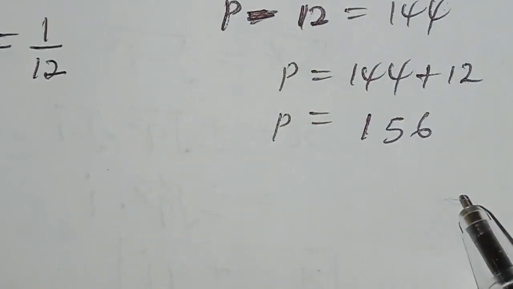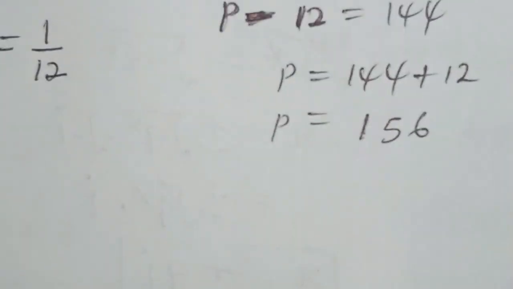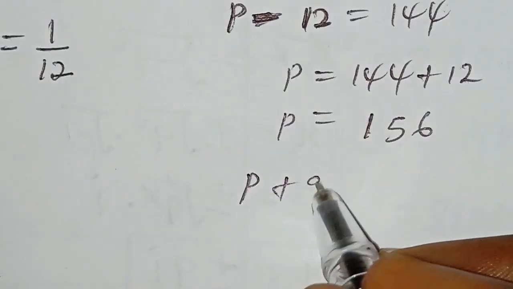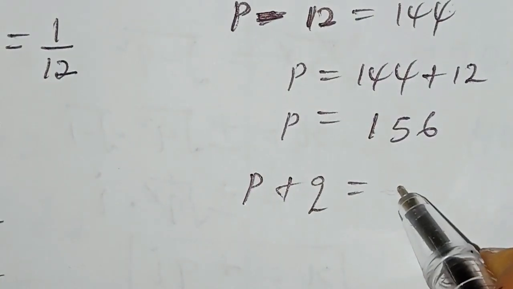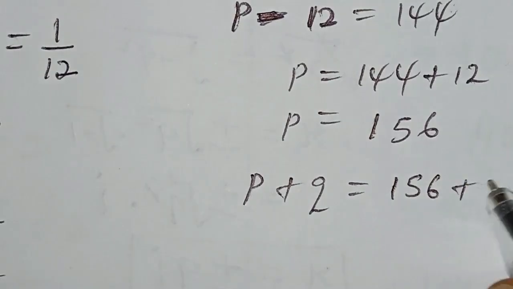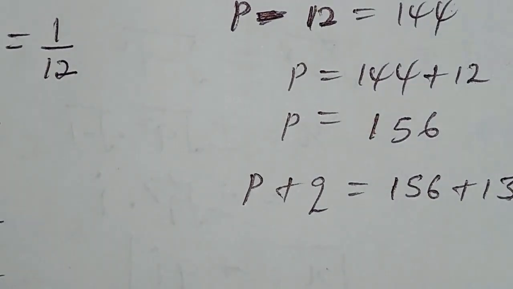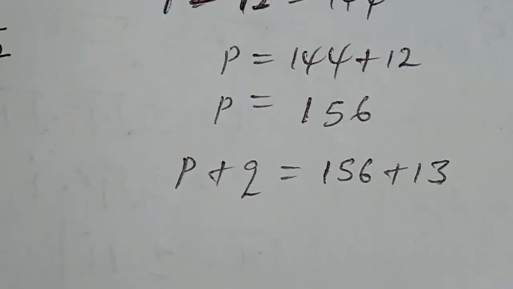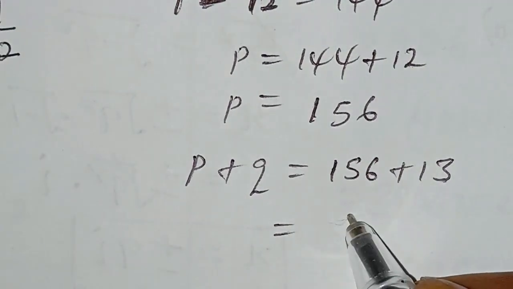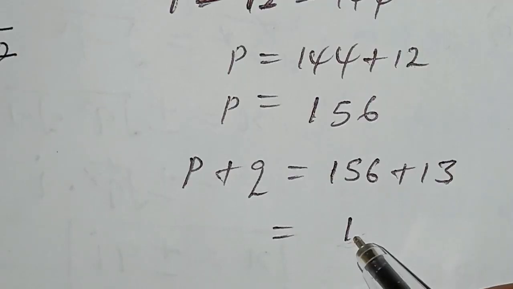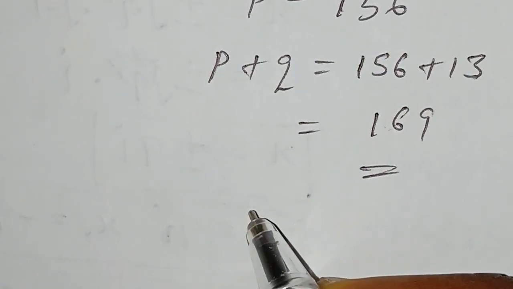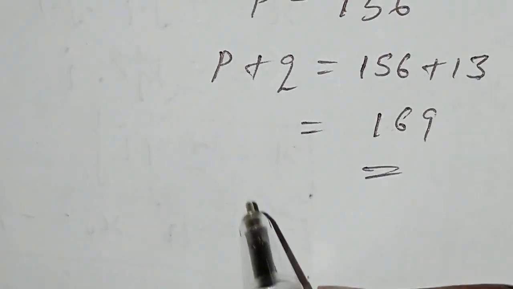So for case 2, we have P plus Q equal to 156 plus 13, and that is equal to 169.